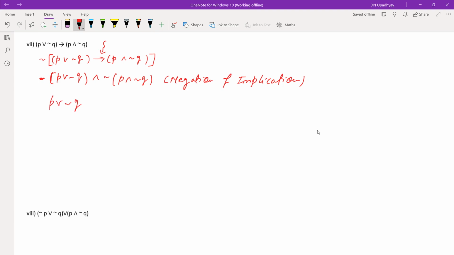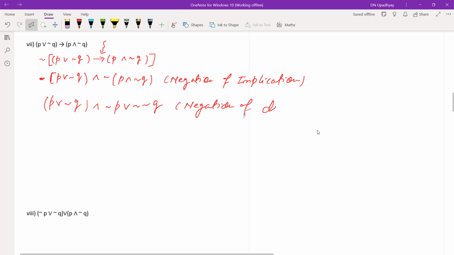So write down the first term as it is, P or negation Q, and then negation P or negation of negation Q. So this is negation of disjunction, right?